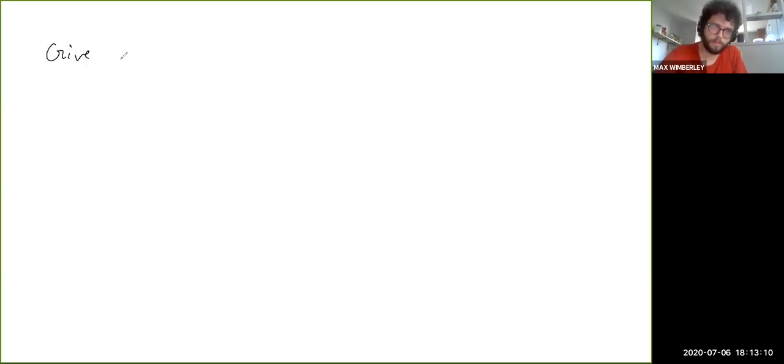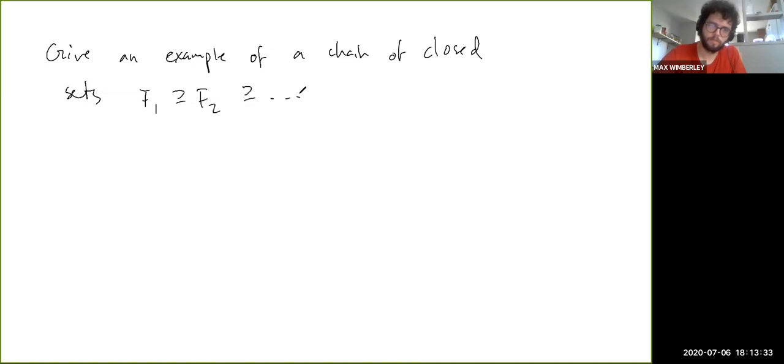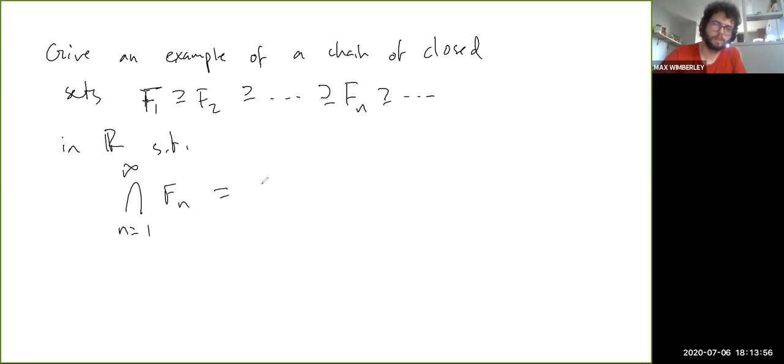So give an example of, let's say, a chain of closed sets F1, F2, so an infinite descending chain of closed sets in R, such that the intersection n equals 1 to infinity of Fn equals the empty set. Okay. So I think maybe we can take about 5 minutes on this one. It's not super long, but it's maybe a good mental exercise here.